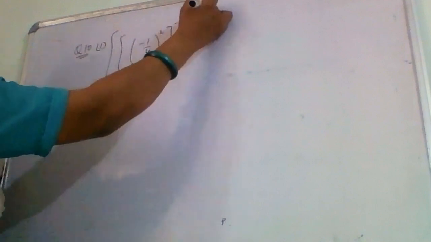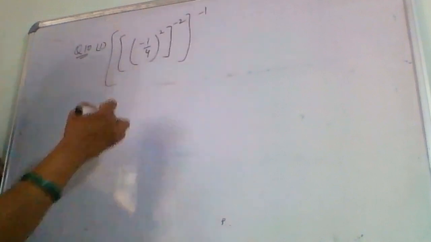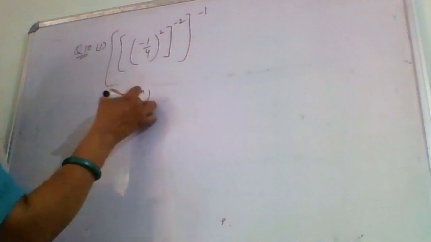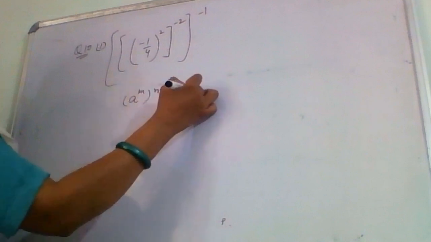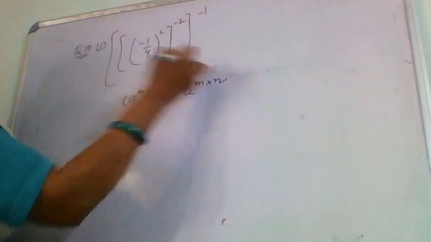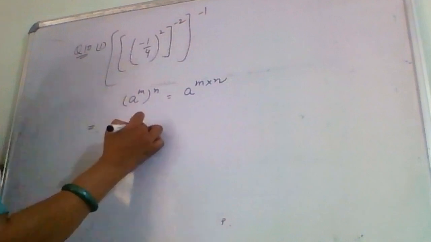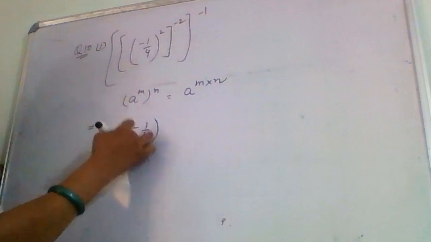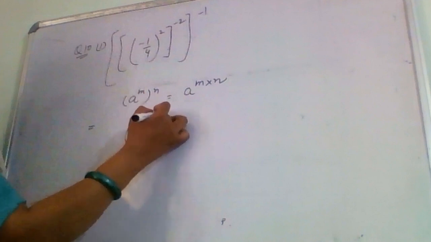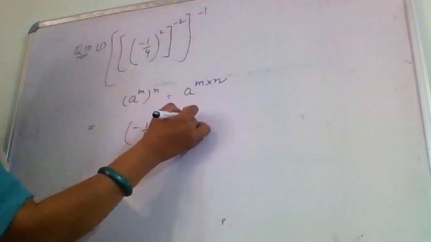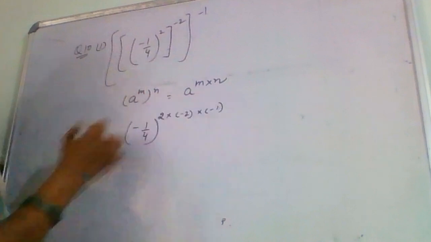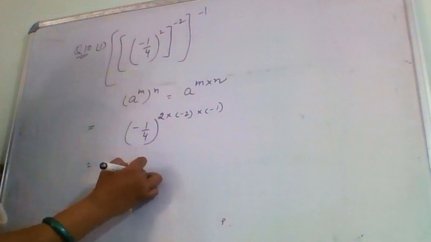Minus 1. So here which law applies? If a has the power m and here n, both the powers get multiplied. So this can be minus 1 by 4. Here 3 powers are there, so each power gets multiplied.